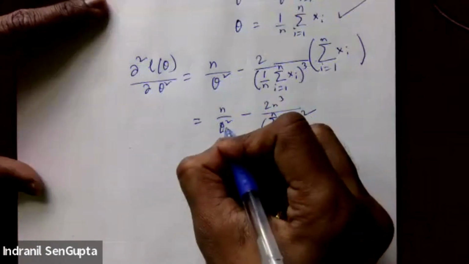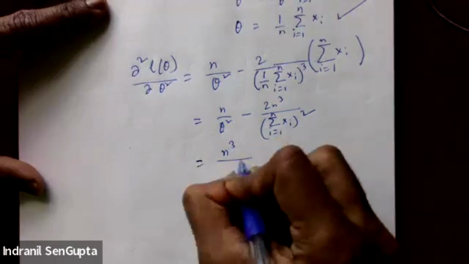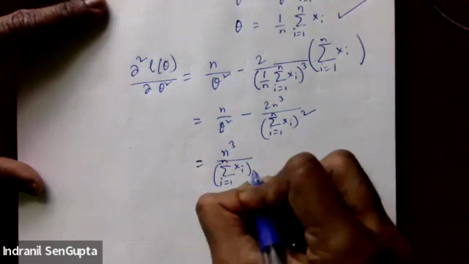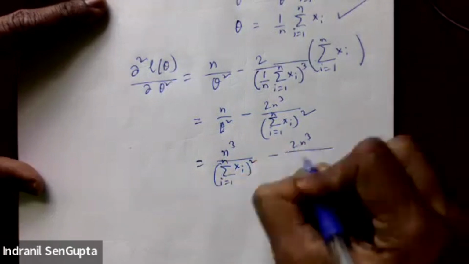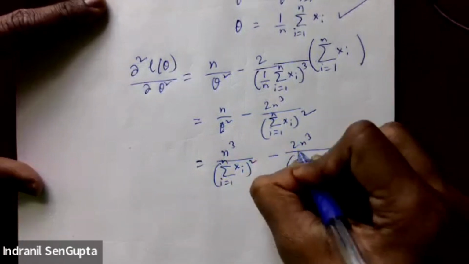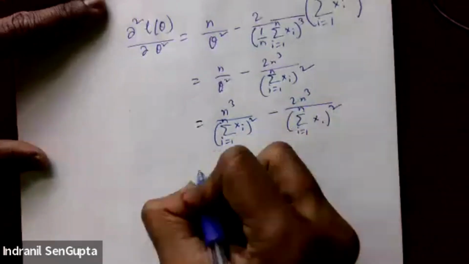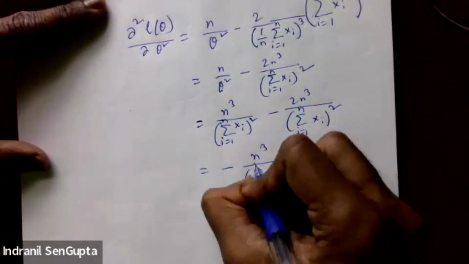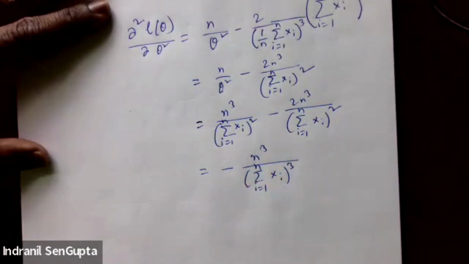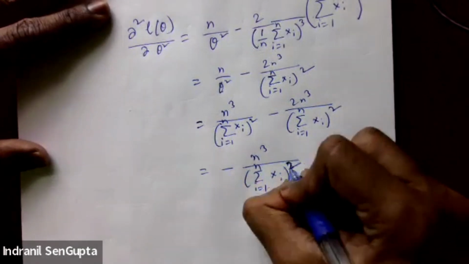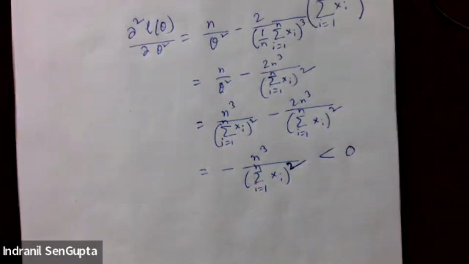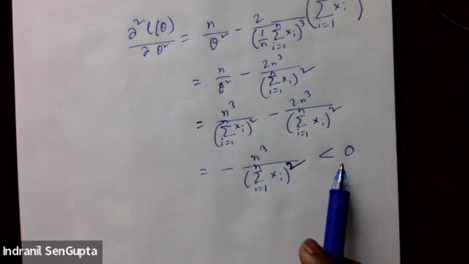So theta squared is n cubed over the summation from i equals 1 to n of xi squared, minus 2 n cubed times the summation of xi squared, which is minus n cubed over the summation of xi squared. Sorry, x squared, which is negative. So we are good. Once we take the second derivative it is always negative.